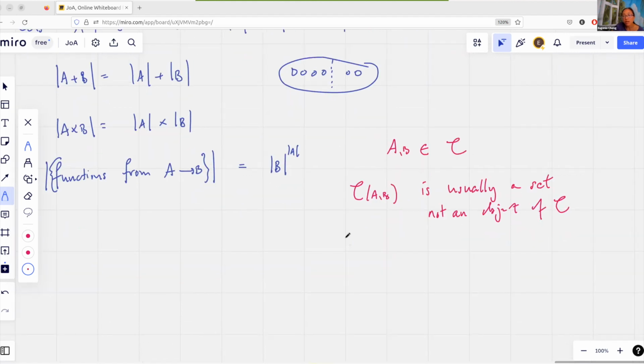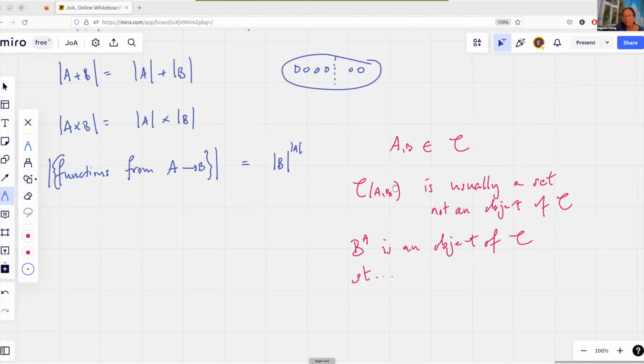And this exponential is an object of C satisfying a universal property. If this is too much for you, then ignore it, but for completeness, I'll say what the universal property is basically.